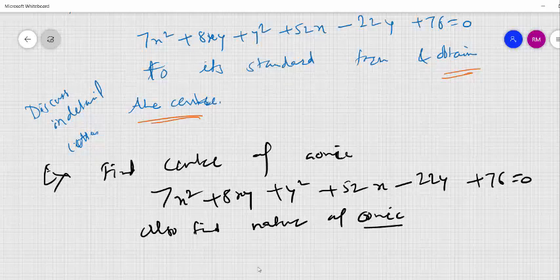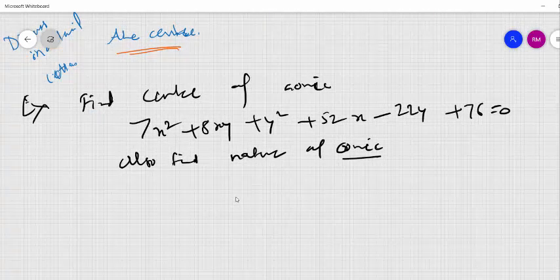So first we focus on finding the nature of the conic. Here is the solution.